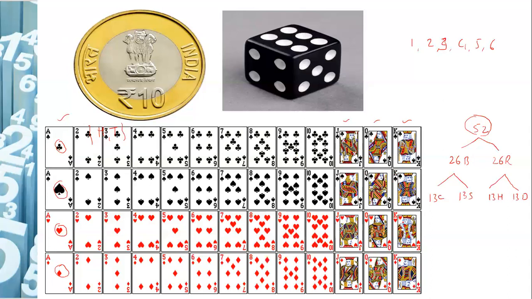But if you ask how many face cards in total, we'll have 12. Numbered cards we can count. So make a note of this: 52 cards, 26 black, 26 red; in 26 black, 13 clubs and 13 spades; in 26 red, 13 hearts and 13 diamonds. This is also one description you try to recollect.